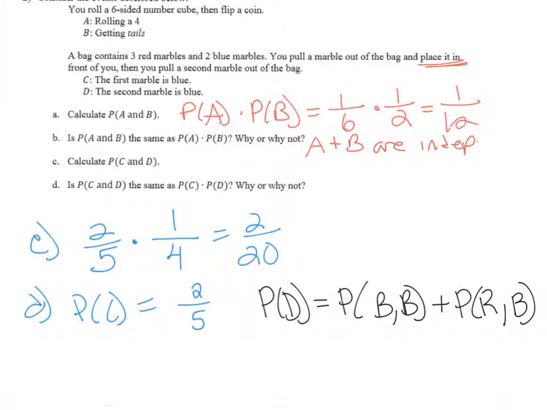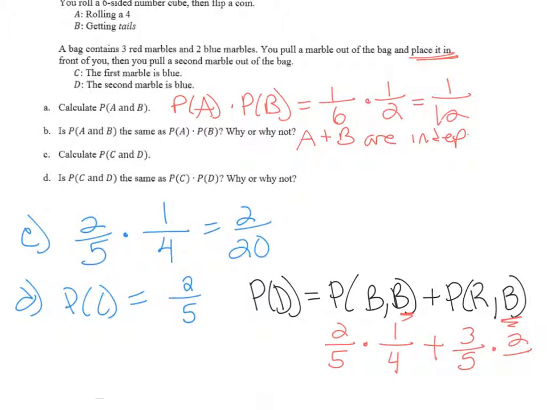So the probability of D, which is the second blue, we have to calculate the probability of getting a blue first, which is 2 out of 5, and then getting a second blue would be 1 out of 4, plus the probability of getting a red, which is 3 out of 5, and then getting a blue, which is 2 out of 4.